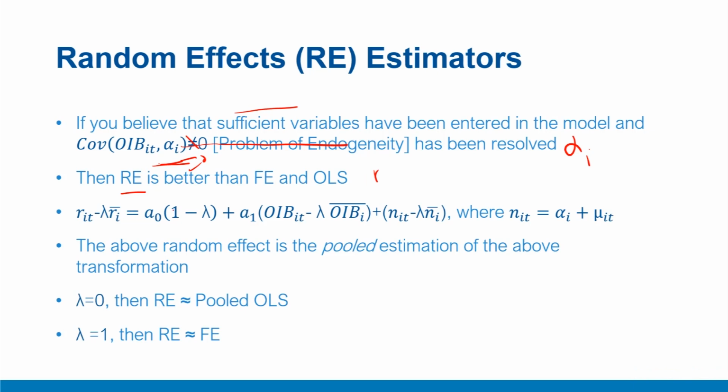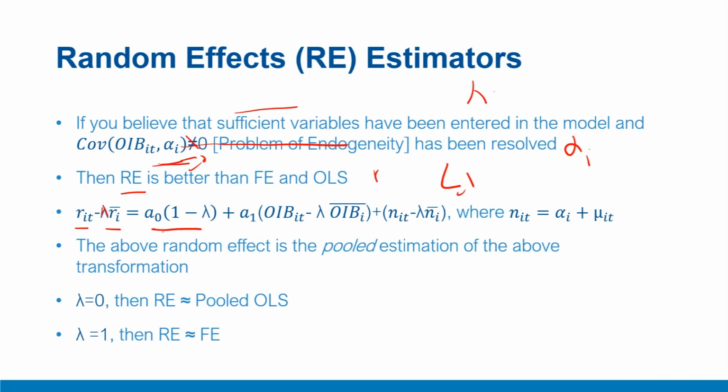And therefore you can use a model like this. For example, instead of completely time demeaning the model, you can simply demean with a multiple of lambda, which is between 0 and 1. And therefore your resulting equation is r it minus lambda r i bar. Only that in the original FE transformation, instead of completely time demeaning, I am time demeaning with a factor of lambda. So this term is not eliminated.